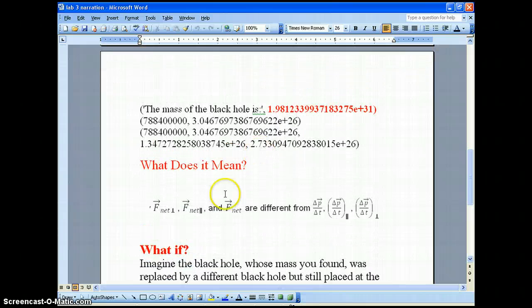So what does it mean in terms of F net perpendicular, F net parallel, and just regular F net, the vectors? How are they different from the change in momentum over change in time, parallel, perpendicular, etc.? Well, there isn't really a main difference. The only thing that I could say that's different about them is that F net is more of a concrete calculation, while the change in momentum over the change in time might be more of an approximation.